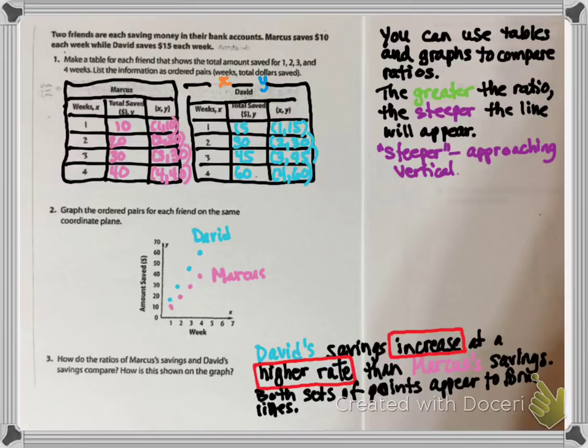So the graph of David's savings is a steeper line than Marcus's.